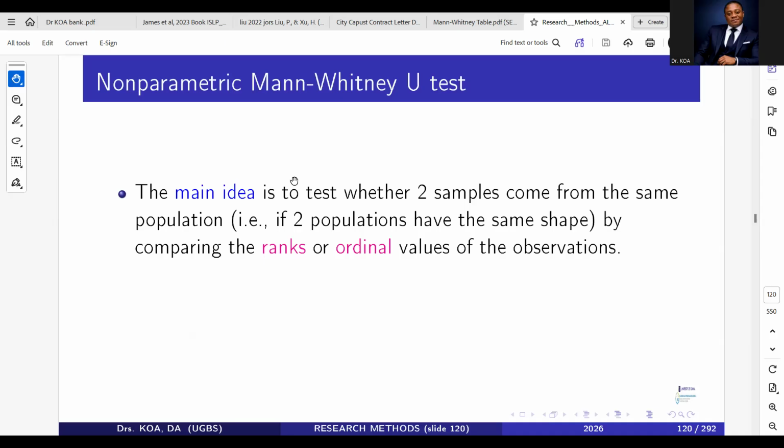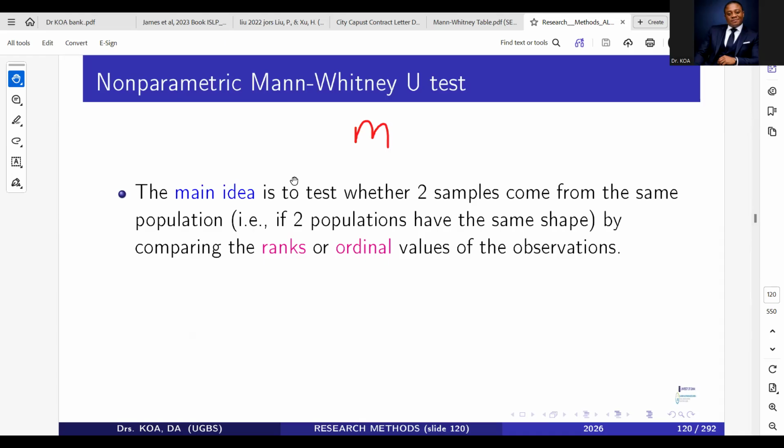Now, what it does is that it tries to check whether there is a statistically significant difference between the median of the 2 samples. Not the mean, but the median. So it uses a symbol known as M to represent the median.